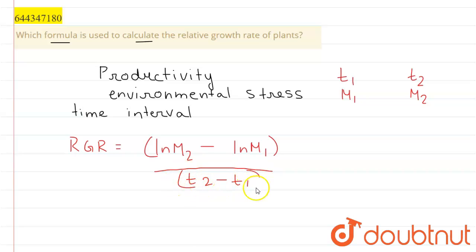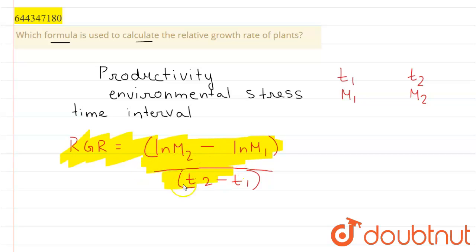So this is the difference of the time intervals, and this is how we calculate the relative growth rate of a plant. This is the equation of the relative growth rate, and this is in terms of productivity.